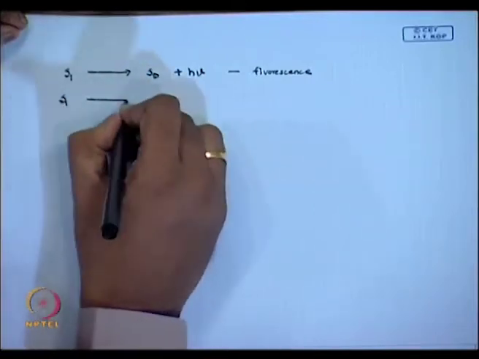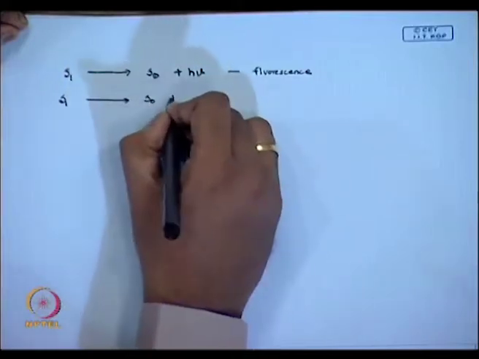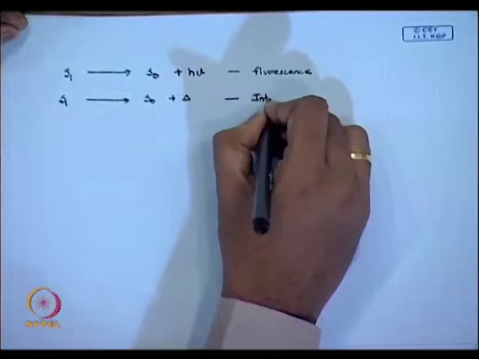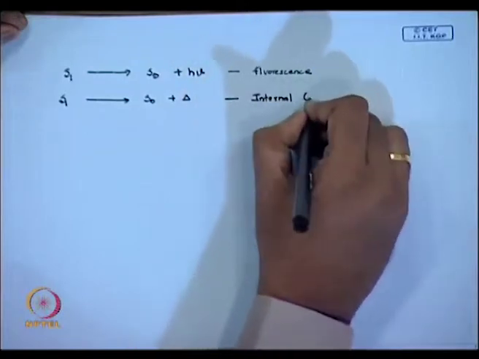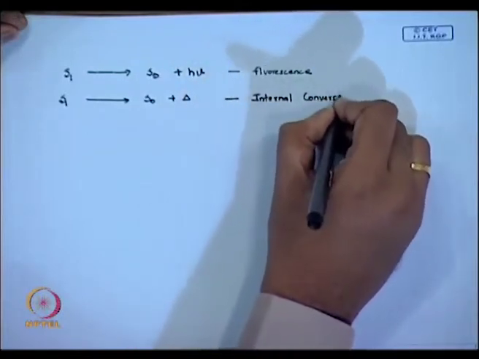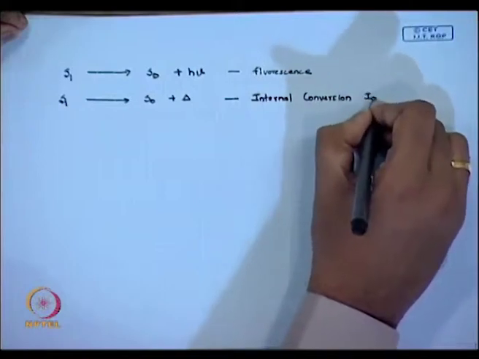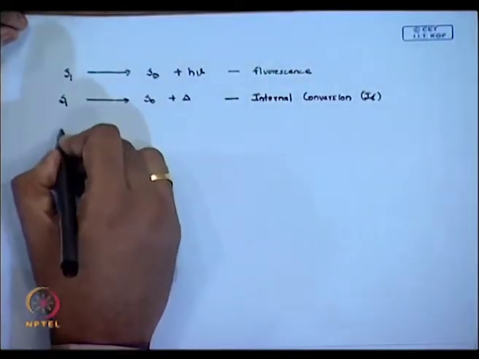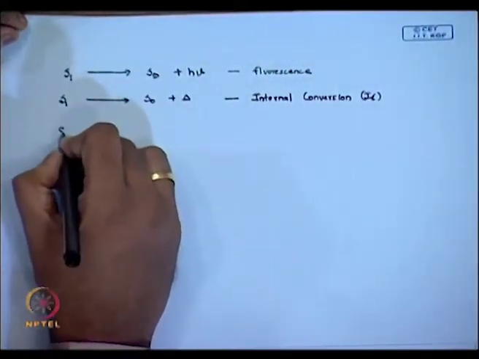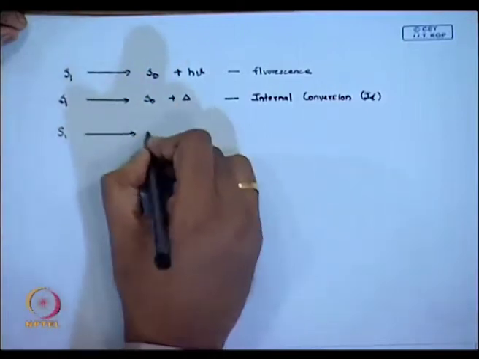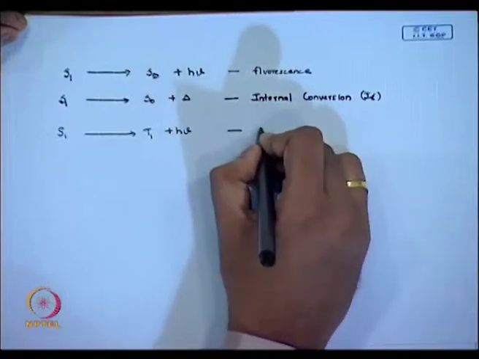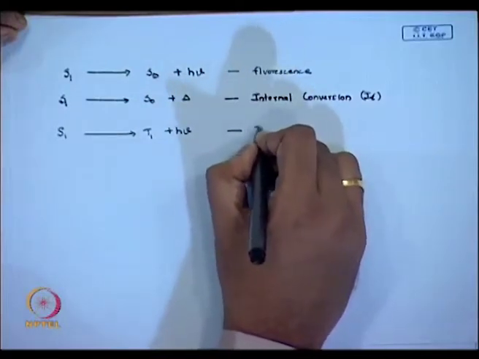If it goes from S1 to S0 by giving out heat, you call this internal conversion, which you call IC. If it goes from S1 to T1, you call this intersystem crossing.